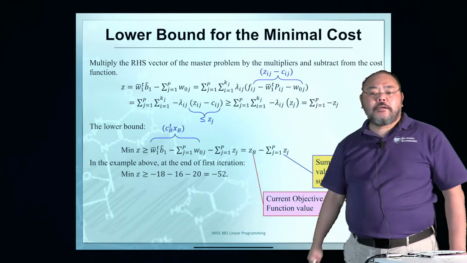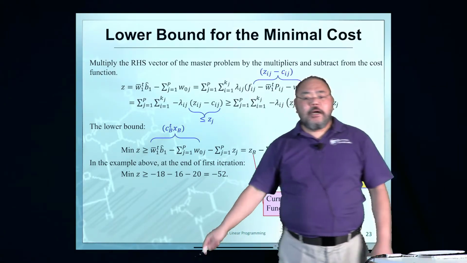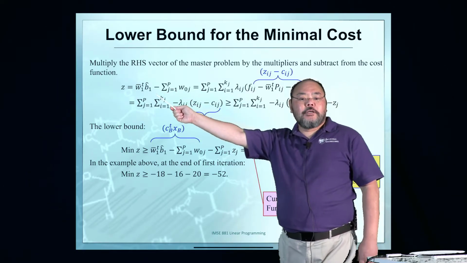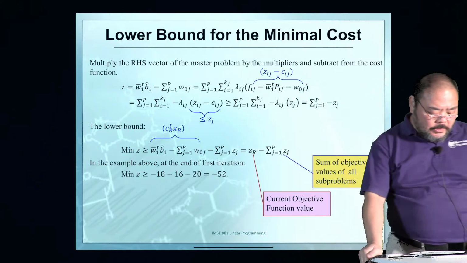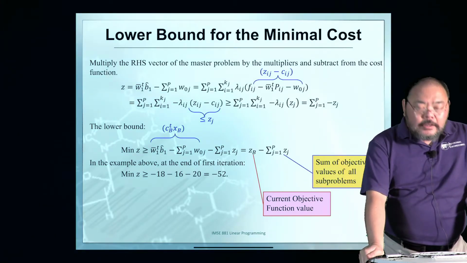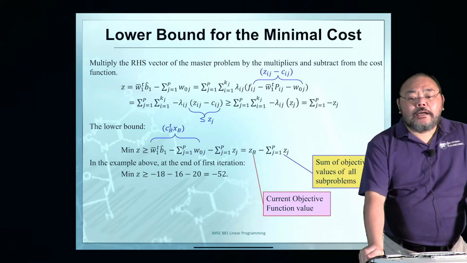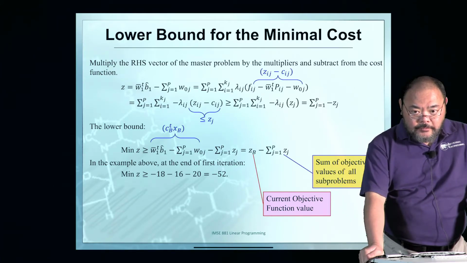Finally, we're talking about the lower bound of the minimum cost problem. My objective function value, if we look at it, the dual problem, equals omega 1 times b1 hat minus the sum of the omega zj. We can actually represent it by lambda ij, for all the extreme points we find.